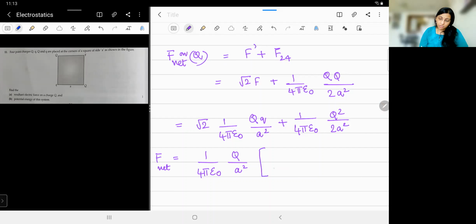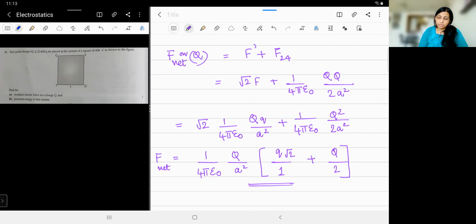Then within the bracket comes small q by q root 2, and the denominator will be just 1 because we have taken all other quantities out, plus 1 q here divided by 2. So this will be the magnitude of the net force acting on the charge capital Q.